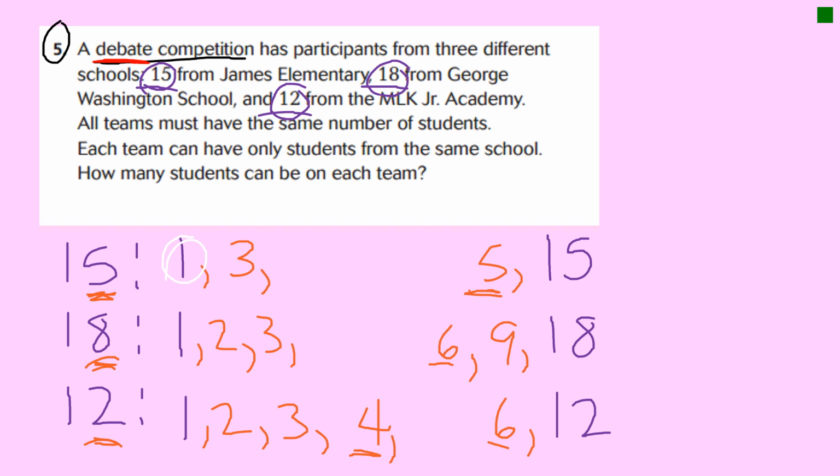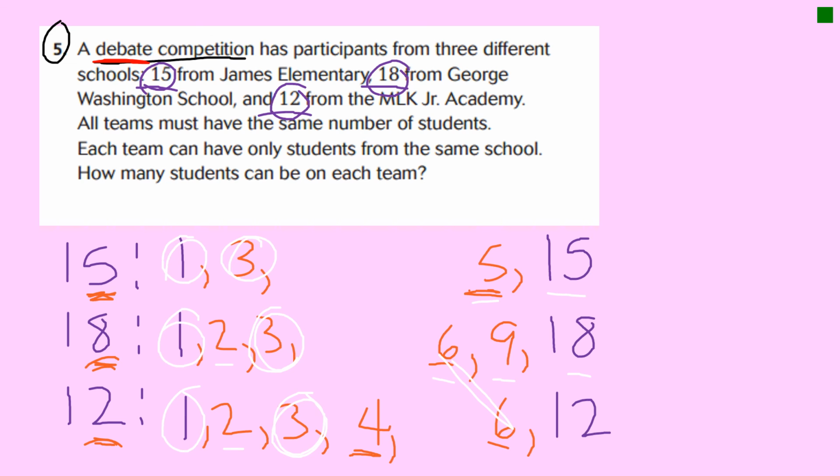Well, we already said 1. So each debate team can have 1 person on it. It's not a very good team. 2, nope. 3, oh. Each team can have 3 on it because you can make teams of 3 from every school. Now look at all these numbers we have left. 5, 15, 6, 9, 18.